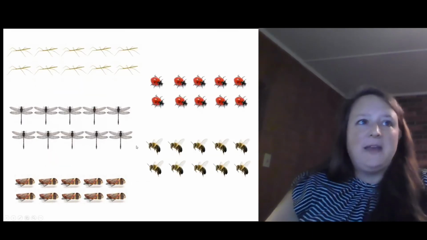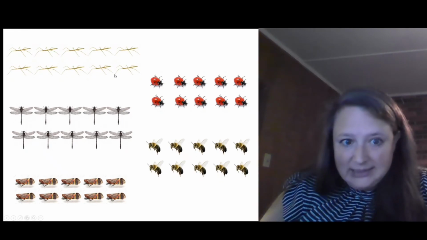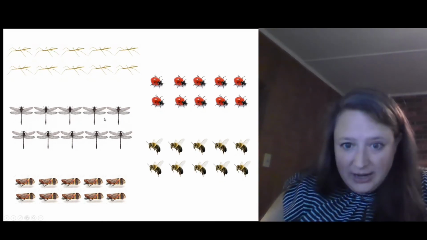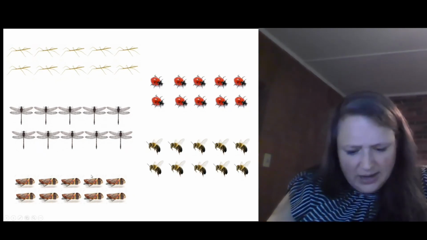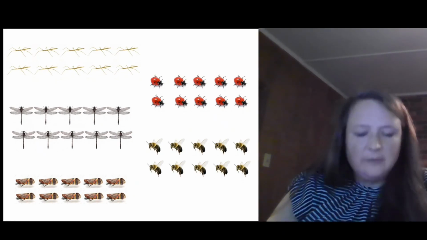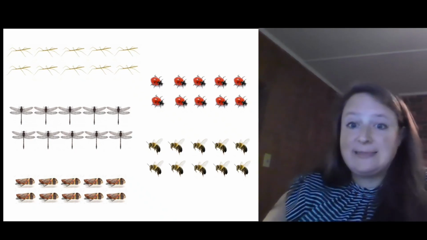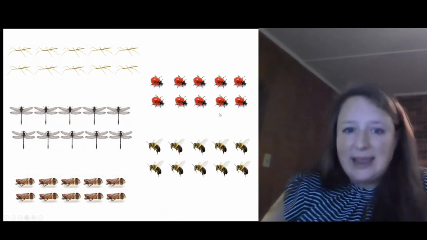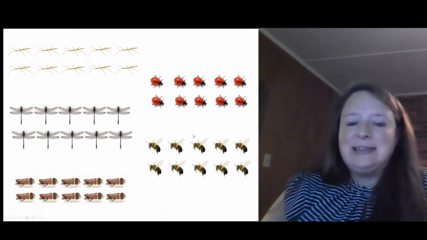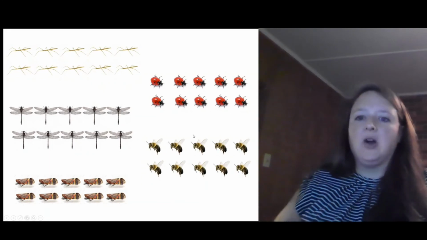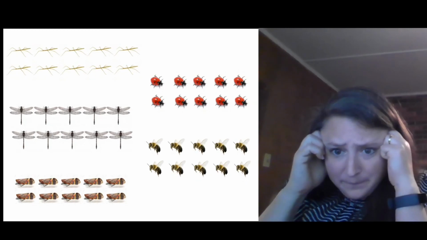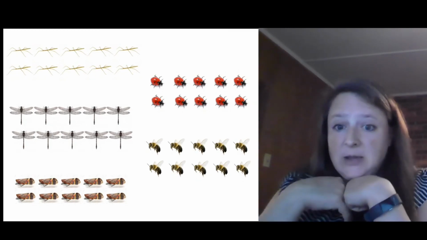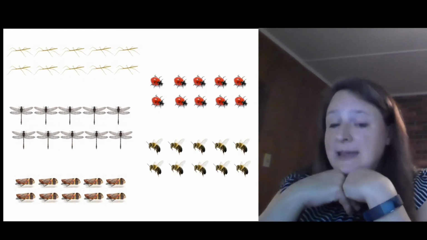So we've had 10 walking sticks, 10 dragonflies, 10, oh, what were those little guys called? I don't remember. Let me go back and look. Leaf hoppers, that's it. 10 leaf hoppers, 10 ladybugs, and 10 bumblebees. How could we count to check and make sure that that's 50? Good thinking. We could count by tens.